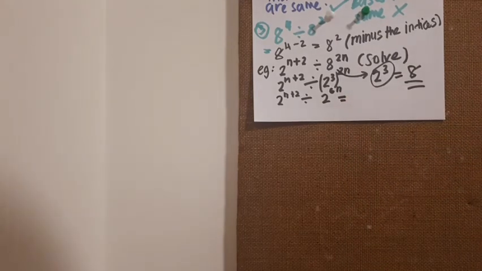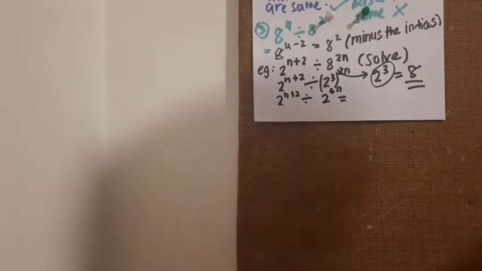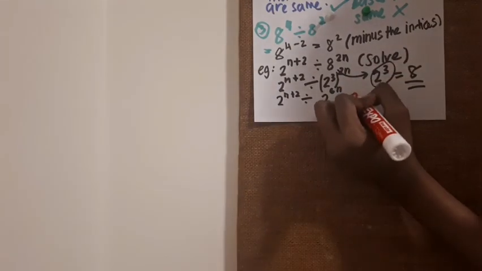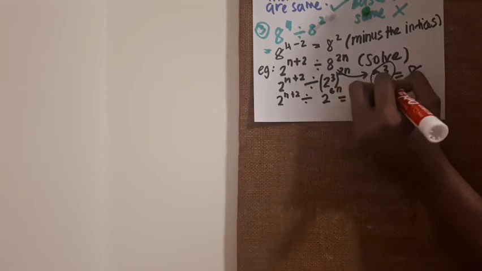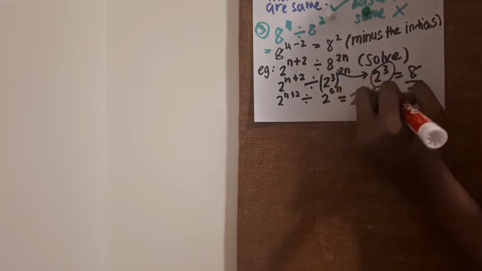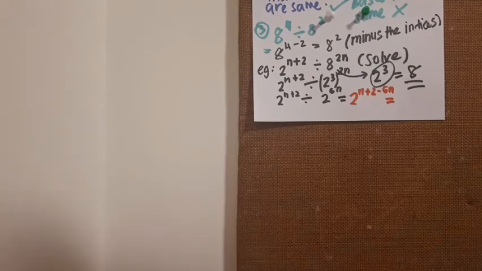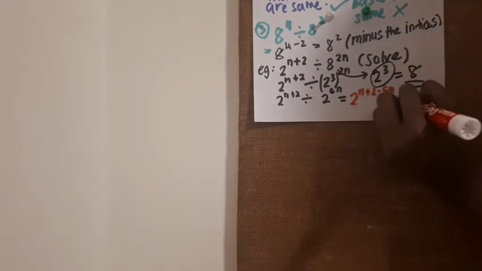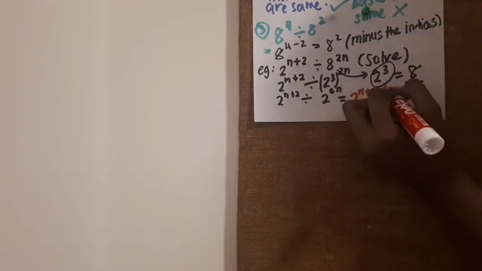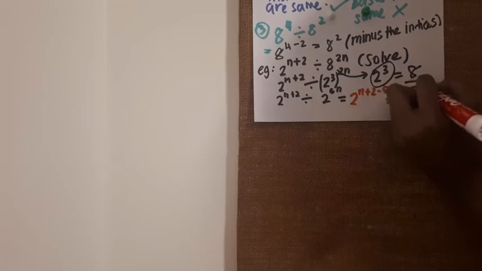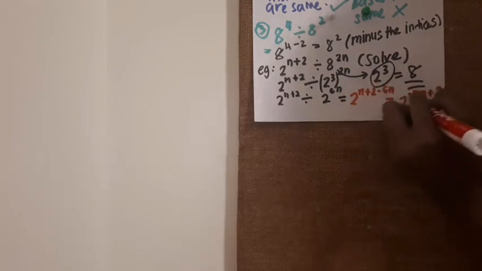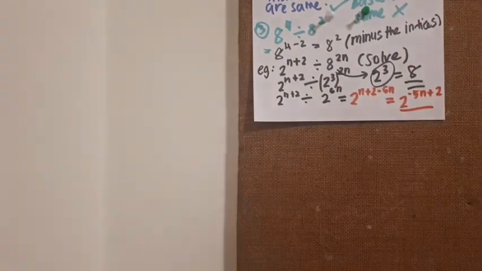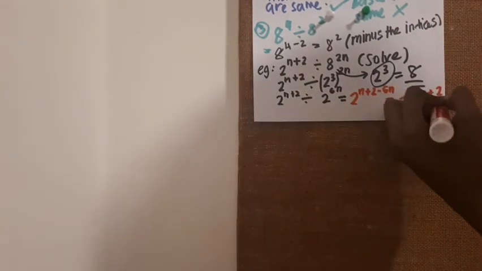So it's going to be n plus 2 minus 6n. Okay, 2n plus 2 minus 6n, which is simply going to be 2n minus 6n is negative 4n plus 2 here. We didn't do anything with the 2, and this is our answer here.